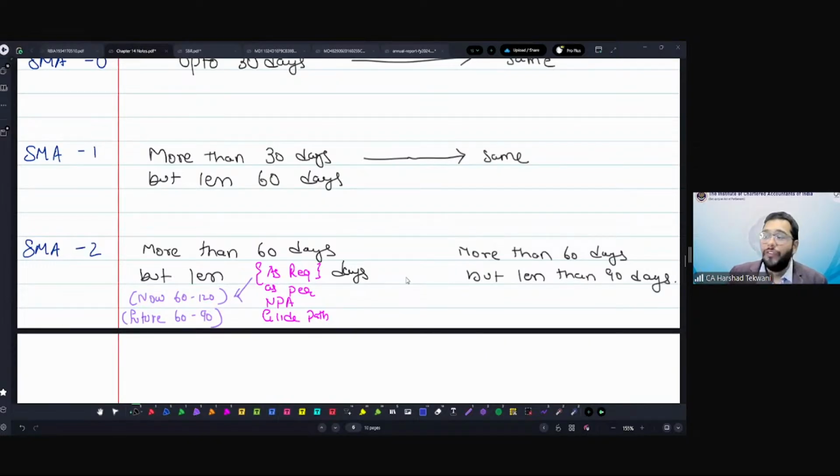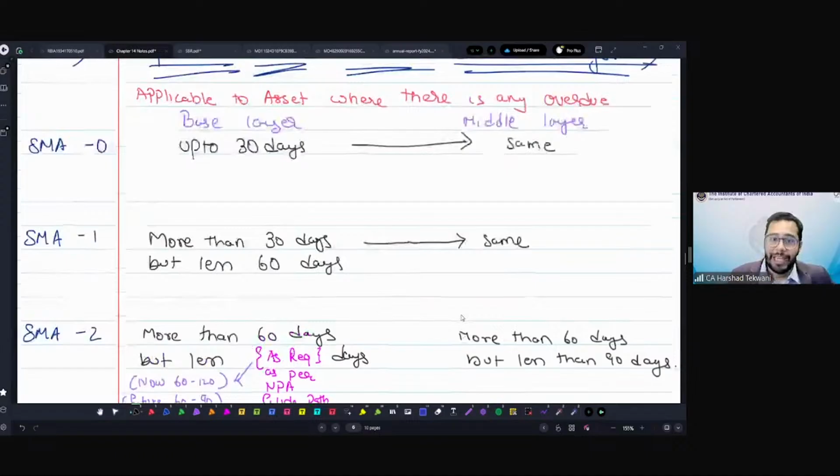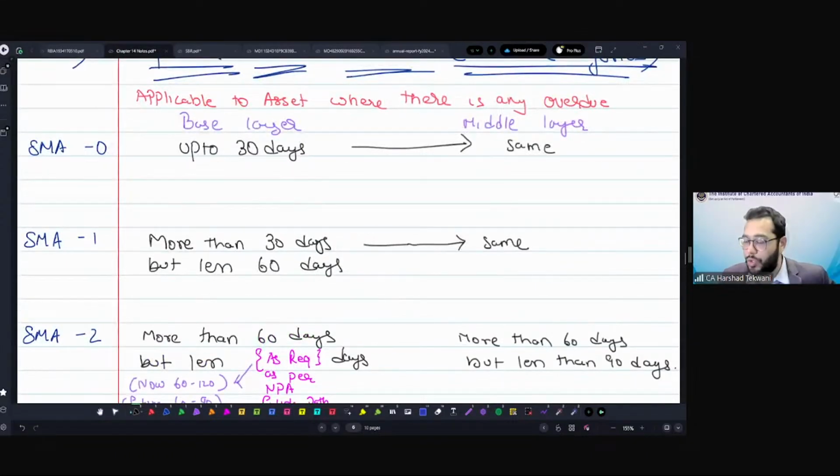So these accounts are flagged by the banks, or the lending institutions, or basically NBFCs, as overdue, and there are certain policies, certain things that they are required to do behind these accounts. So don't wait till it becomes an NPA, but do something before that. That is the principle over here.